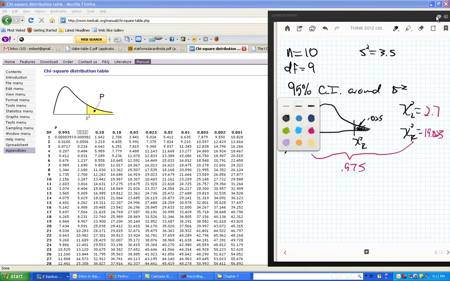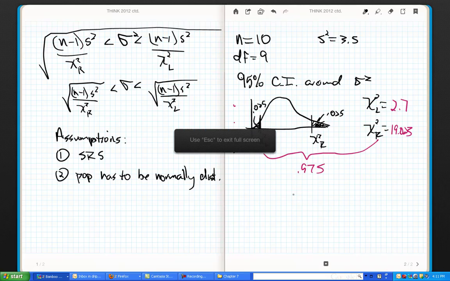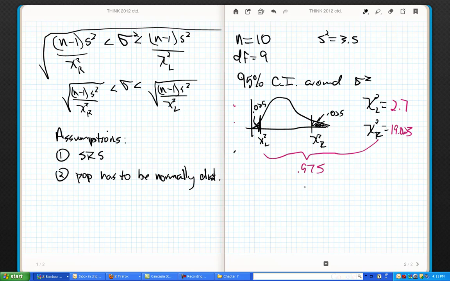Now, all that I have to do is throw this in my formula. I know that sigma squared is going to live between n minus 1, hey, is that degrees of freedom again, right? 9 times 3.5 times 3.5 divided by the big number, because I need the small value to be on the left-hand side of the interval, 19.023. And I need the big number to be 9 times 3.5 divided by 2.7.